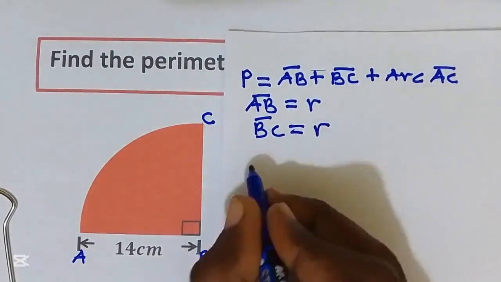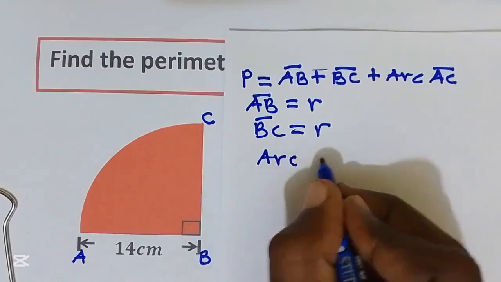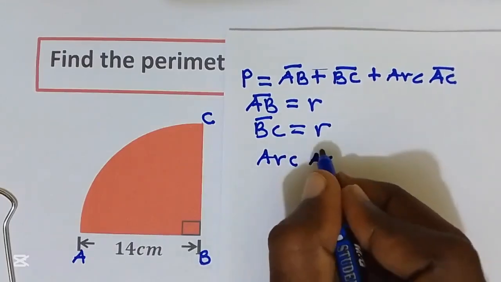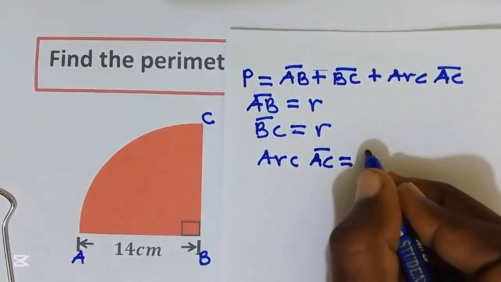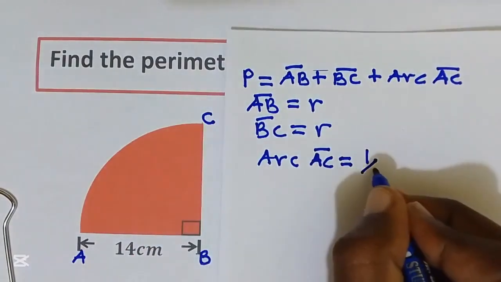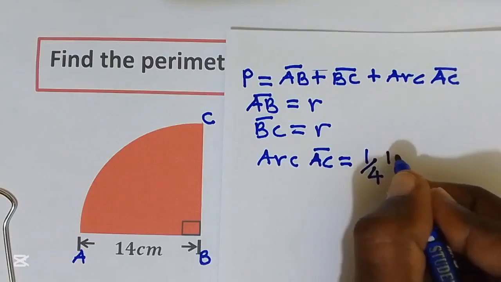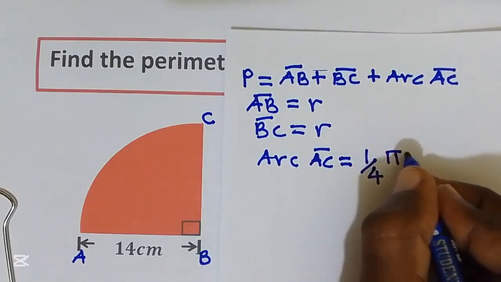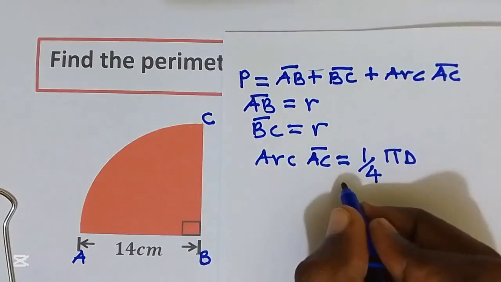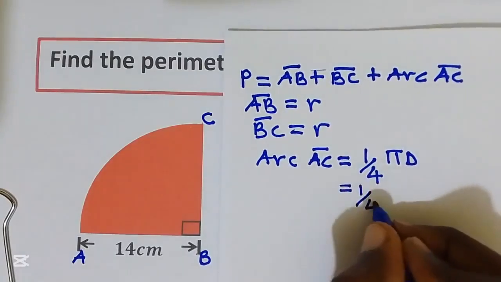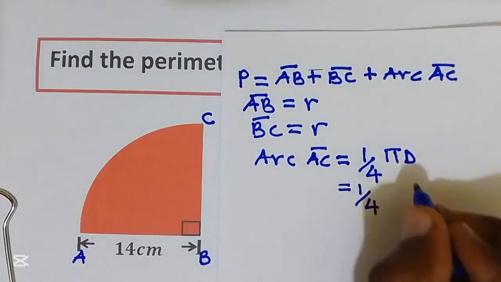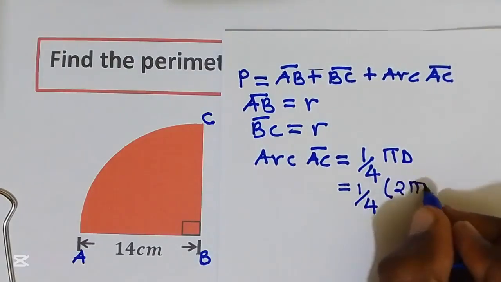Arc AC is given by 1/4 pi d. I can put it into a simple form: 1/4 pi d is the same as 2 pi r over 4.